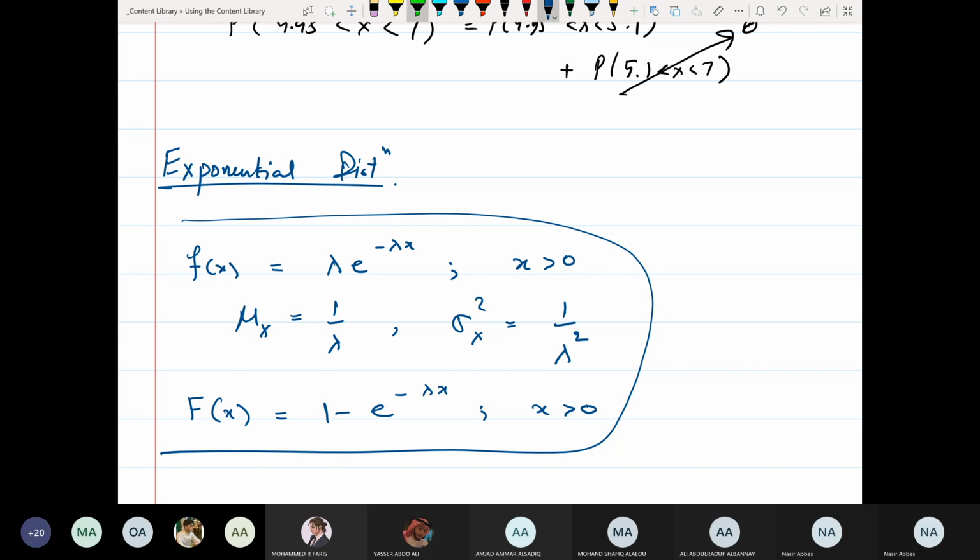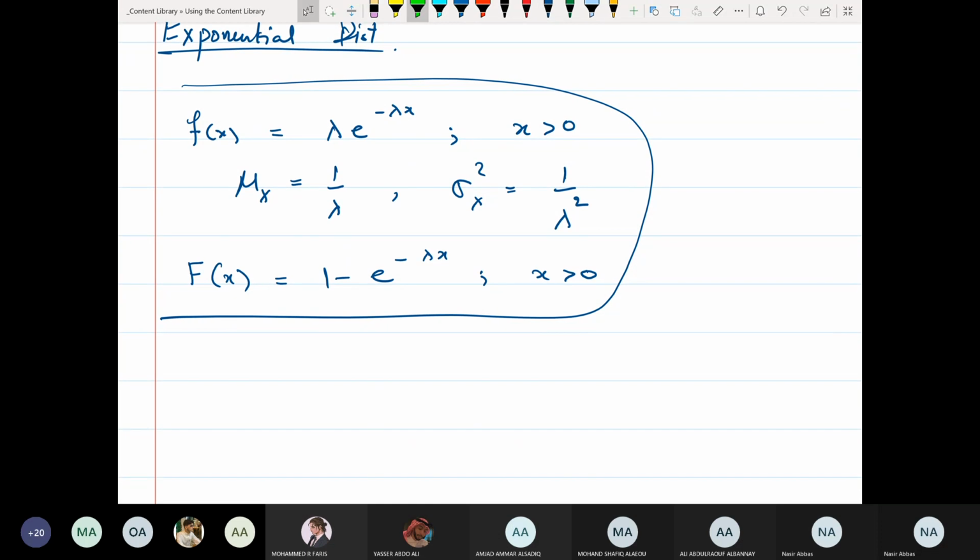The most common application of the exponential distribution is a time until success, but it's not necessary that time until success is always exponential.